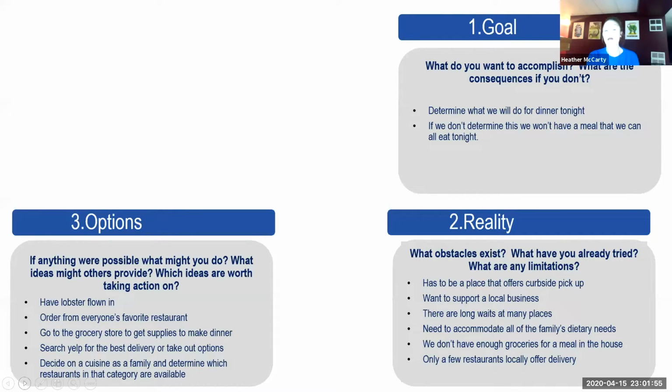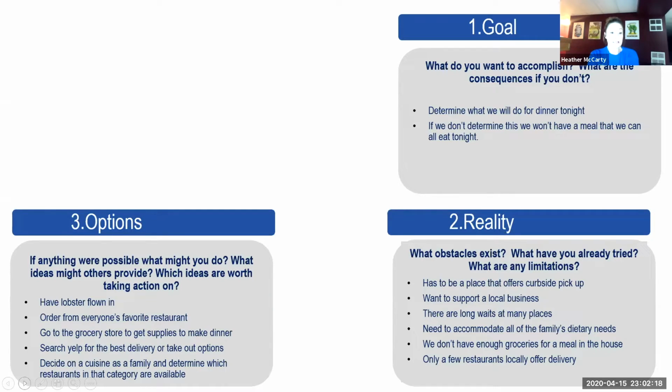So when I think about the options that we have in order to ensure that we have dinner for tonight, and that I've already taken into account some of the reality, I don't have food here at home, I asked myself, what might we do with no constraints? So you can see my first one here is have lobster flown into our family.